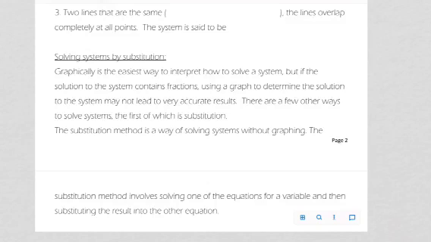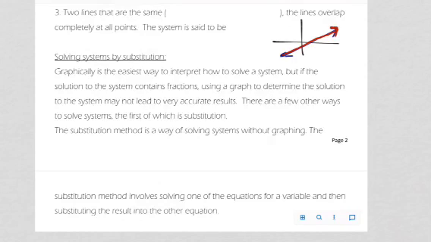The third thing that can happen is that your two lines are actually the exact same line. The lines overlap completely in all points. So what would that look like? Well, I would plot my first line. Sorry about that. And then the second line is exactly the same line as the first line, so it's lying on top of the first line.